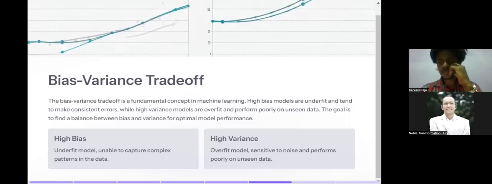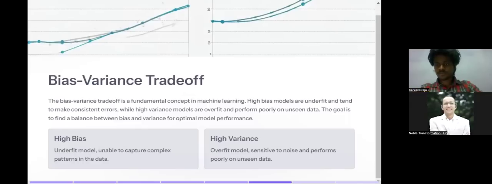High bias models are underfit. Why underfit? They will not learn. They learn in a way that they are biased towards one particular thing, so they will not learn in a balanced way.